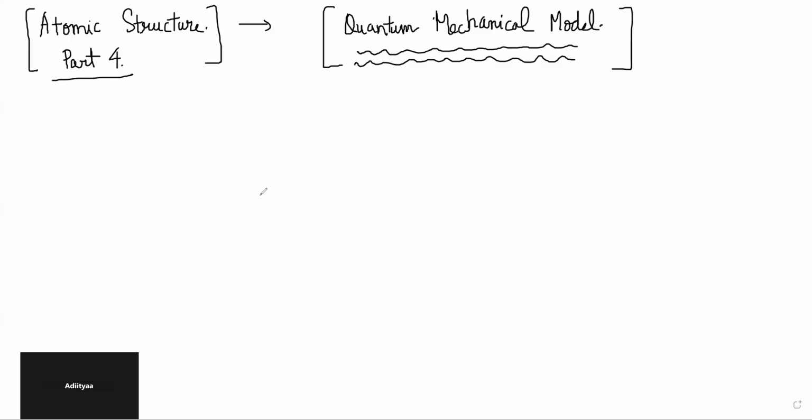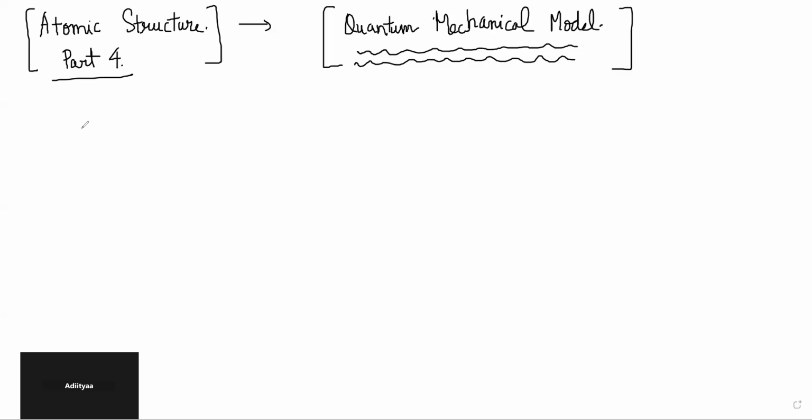Since Bohr's model does not explain many things, like a single line being split into multiple small lines, and it doesn't work for any atom other than hydrogen-type atoms, you need a more general understanding of the atom to explain multi-electron situations.